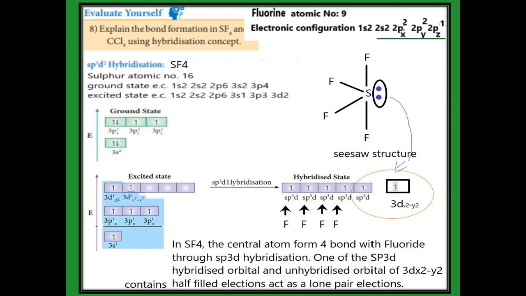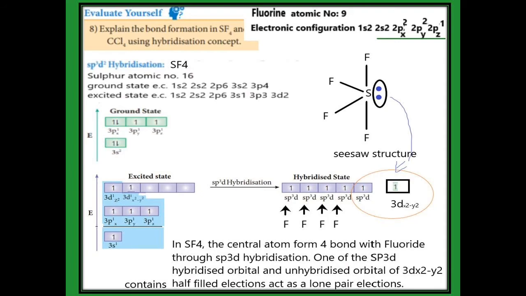In this evaluate, they asked the structure of sulfur tetrafluoride and the structure of carbon tetrachloride. In this slide, we are going to see the structure of sulfur tetrafluoride. Sulfur tetrafluoride undergoes sp3d hybridization. Sulfur atomic number is 16, so the ground state electronic configuration is 1s2 2s2 2p6 3s2 3p4. In the ground state, the 3s orbital has 2 electrons, and in the 3p orbitals, 3px has 2 electrons, 3py 1 electron, 3pz 1 electron.